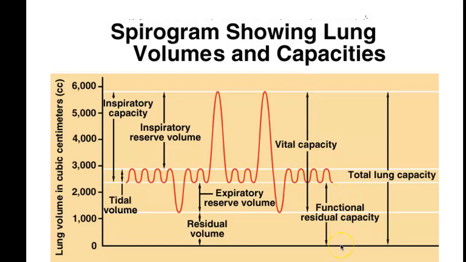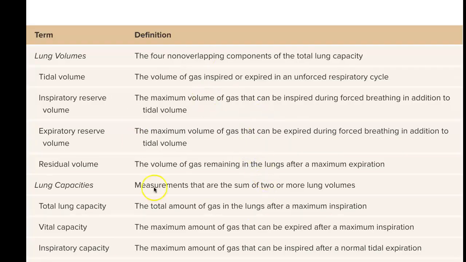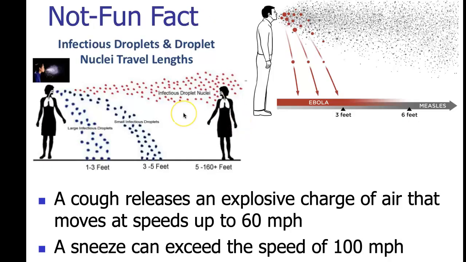Functional residual capacity is the combination of expiratory reserve volume and residual volume. And total lung capacity is the total amount of air you can fit in your lungs. Okay. So again, memorize all these terms and memorize their values. Here's the terms, the definitions. More for you to remember.